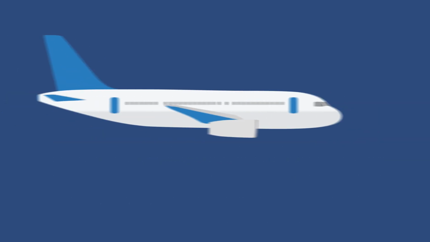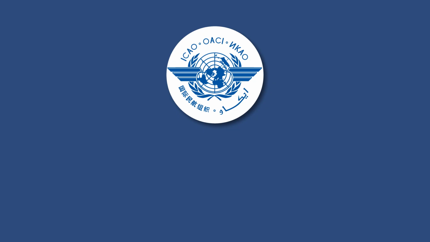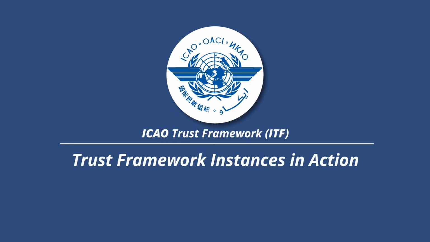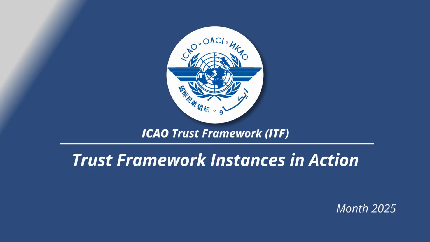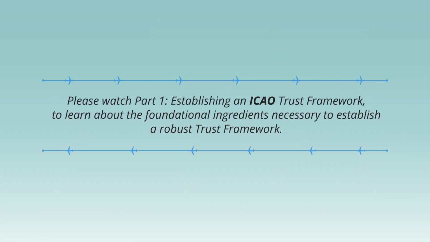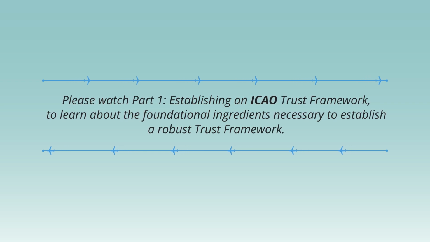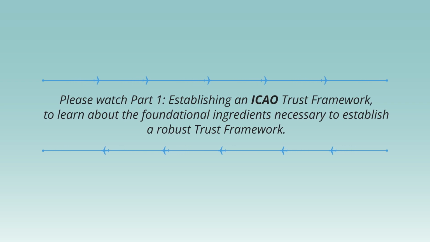Welcome to the International Civil Aviation Organization, or ICAO, Trust Framework, or ITF Storyboard, Part 2, Trust Framework Instances in Action. Please watch Part 1, Establishing an ICAO Trust Framework, to learn about the foundational ingredients necessary to establish a robust trust framework.